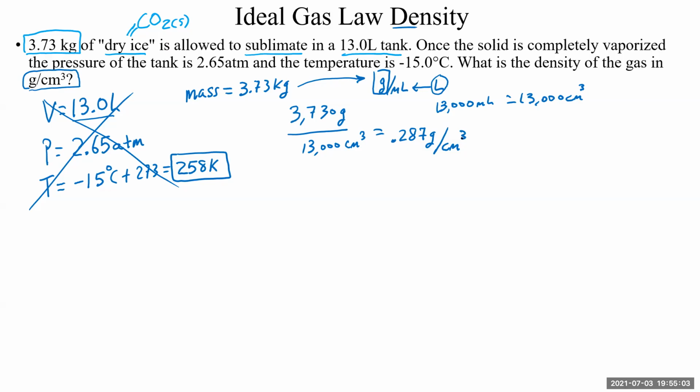That's a low density, certainly lower than water, but as gases go, that's actually fairly high. This gas is a little bit compressed, but of course gases are compressible. But we'll see some other examples where you actually do need the ideal gas law in order to calculate this.